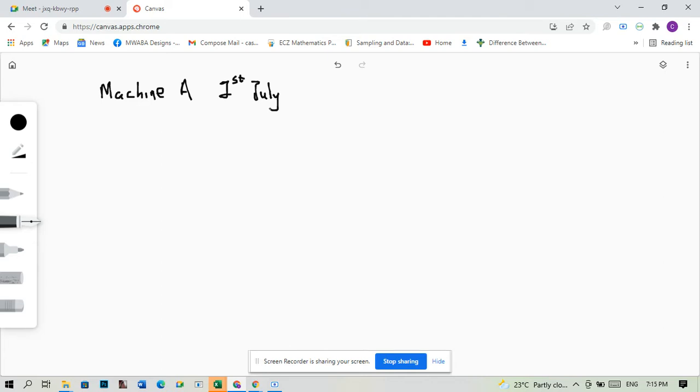Then January, February, March, April, May. May is the 11th month, then June. So 1 year from 1st July 2015 to 30th June 2016. This is 1 year, so we're going to calculate the depreciation for this year.